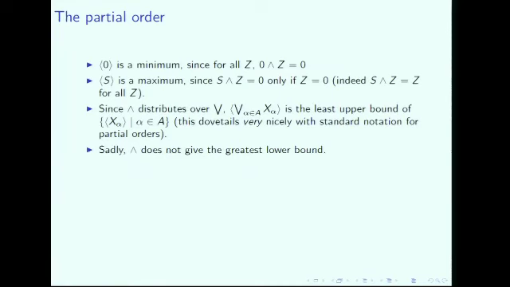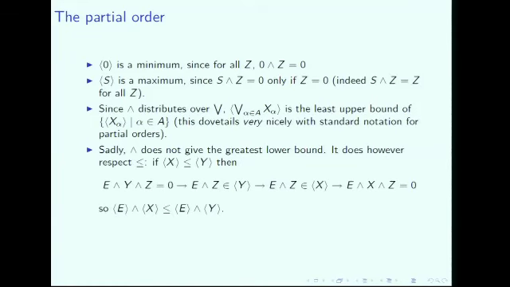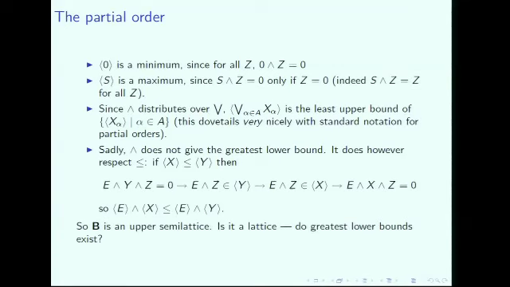A lot of the intricacy of what goes on in this setting is to do with the fact that smash is not the greatest lower bound, and different variants on that problem. On the other hand, smash does respect this less-than relation, just by appropriate, clever bracketing of the smashing. So we've got that this class B is an upper semilattice. We've got arbitrary joins, and so the big question is, do greatest lower bounds exist?